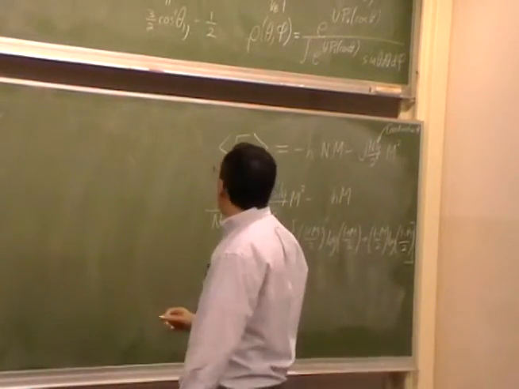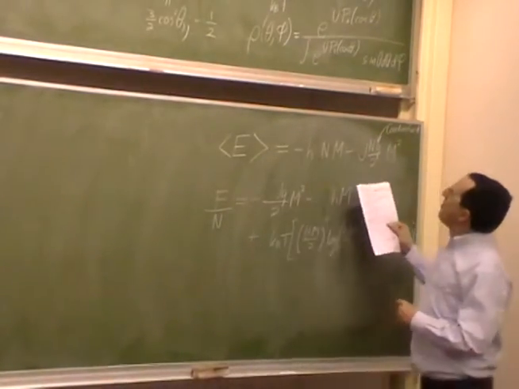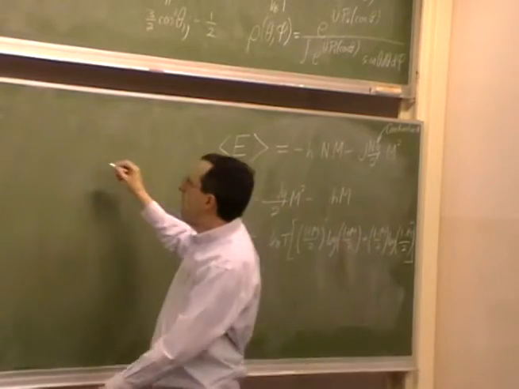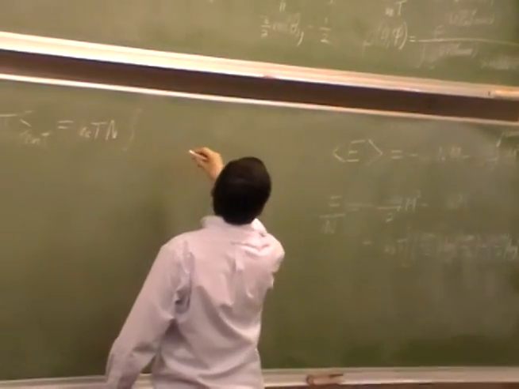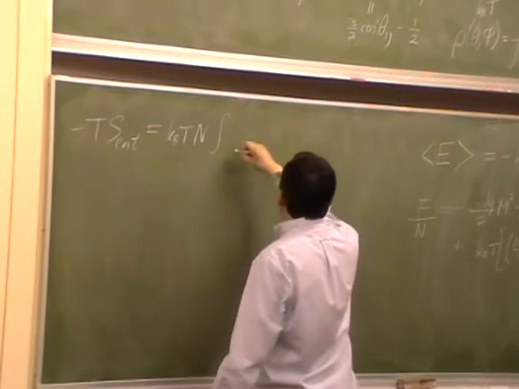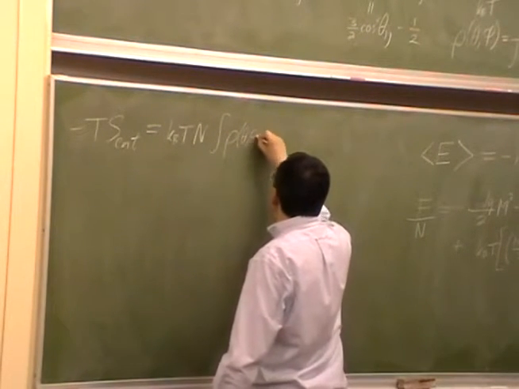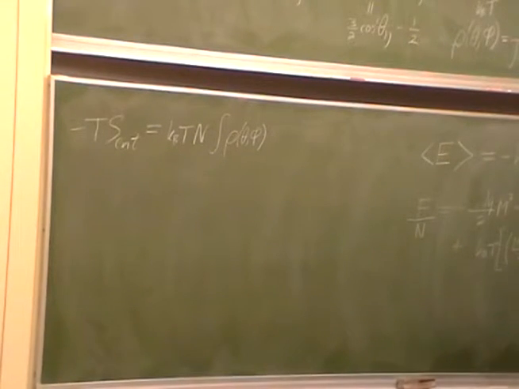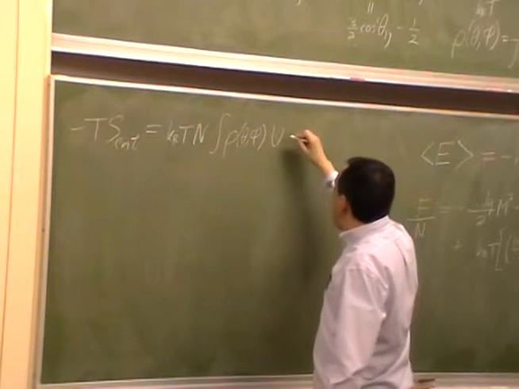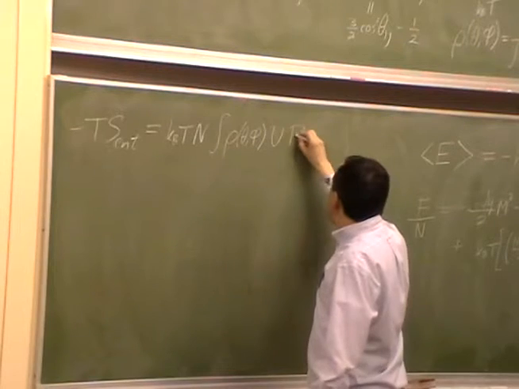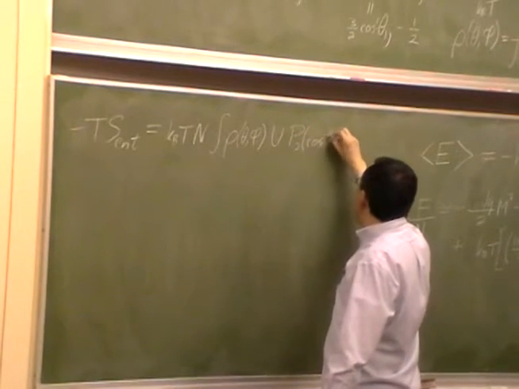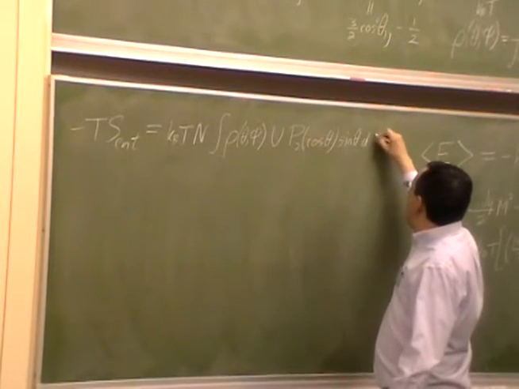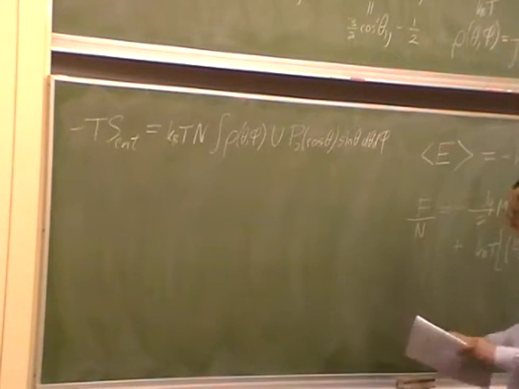In the log rho part, I'll break it up into the part with the numerator and the part with the denominator. So I'll have an integral of rho of theta and phi times the numerator part, which is u times P2 of cosine theta, times sine theta d theta d phi.